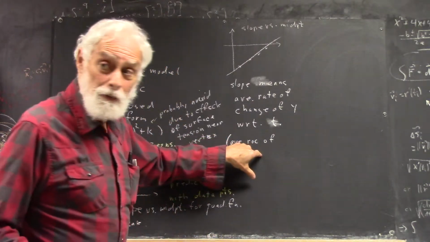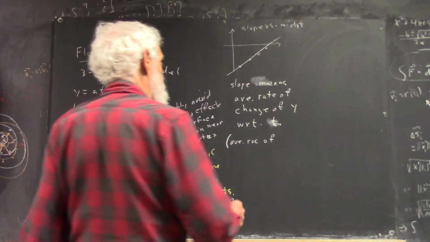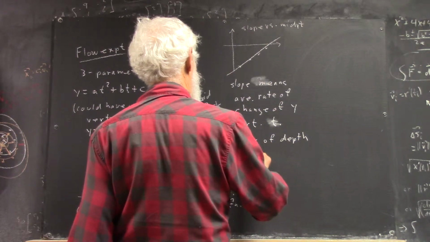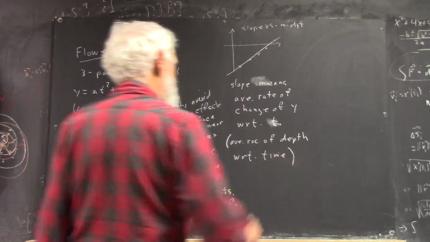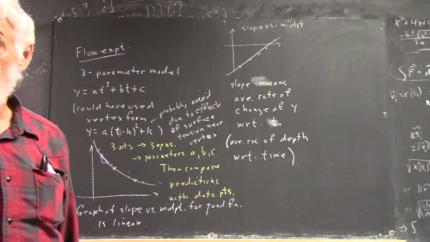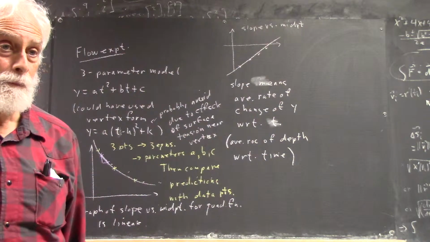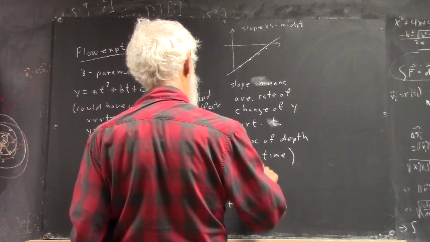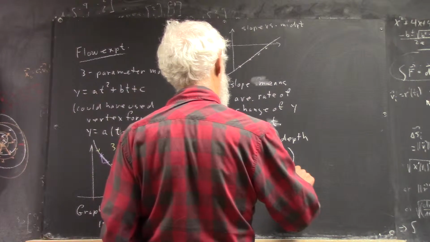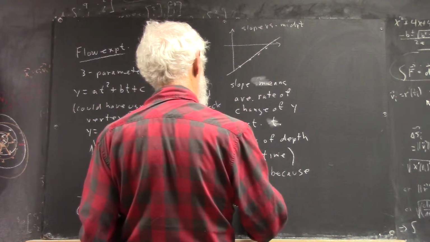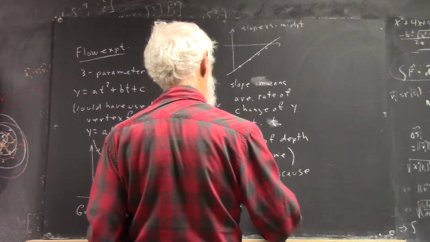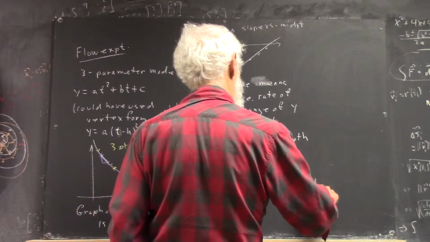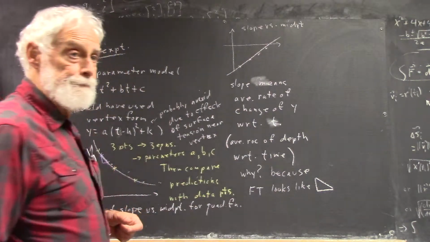Okay. So anyhow, average rate of change of what? Of depth with respect to time. Okay? And why is it that? Right?